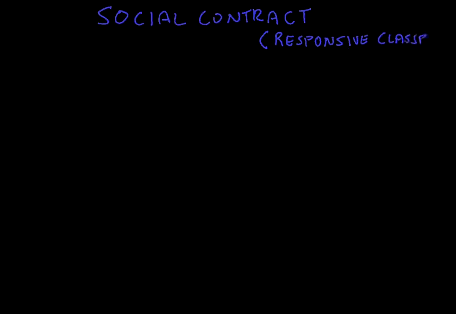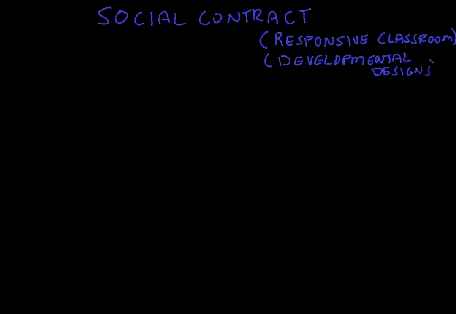All right, I'm going to describe for you the process of making a social contract with your classroom. This is a process that I was trained to do through Responsive Classroom, which is for elementary school, and the middle school version of that is called Developmental Designs.